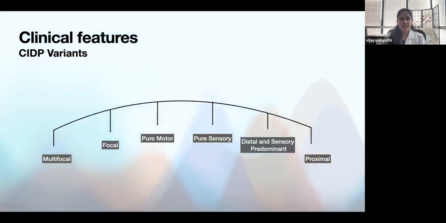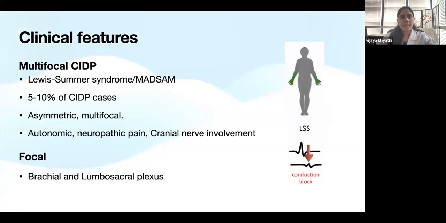There are some variants of CIDP classified by the European Academy, which are multifocal, focal, pure motor, pure sensory, distal, and sensory predominant. Multifocal CIDP, also known as Lewis-Sumner syndrome, is seen in 5 to 10% of CIDP patients.